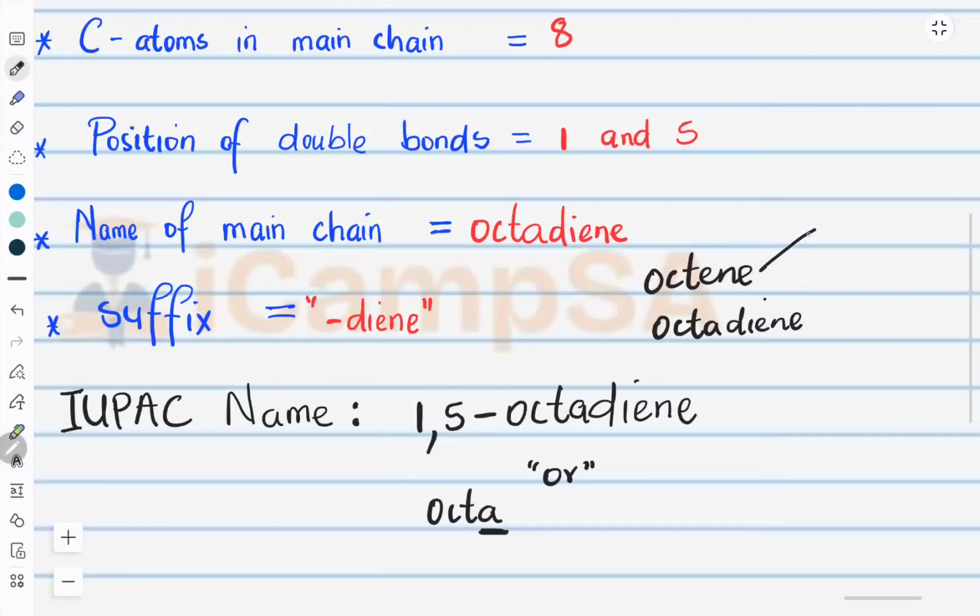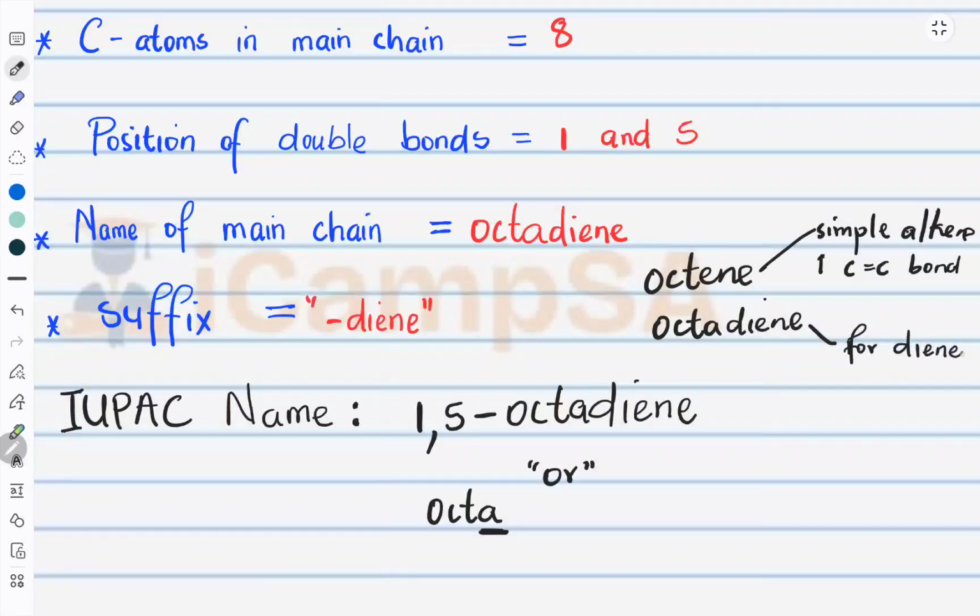This is for a simple alkene with one bond. Right, this one is for dienes. There's a difference here in that we add that extra a there.